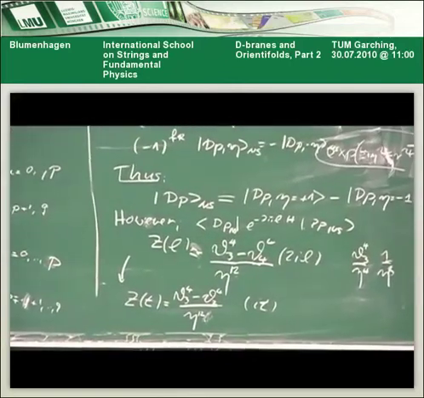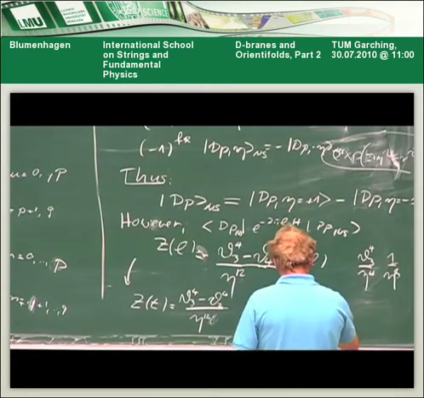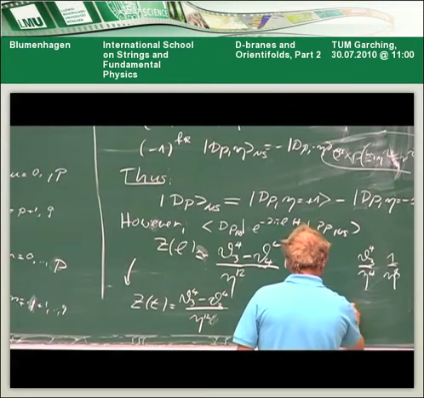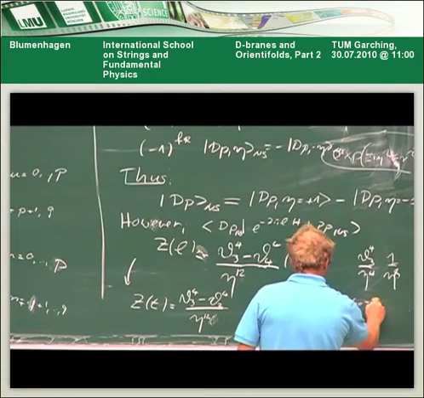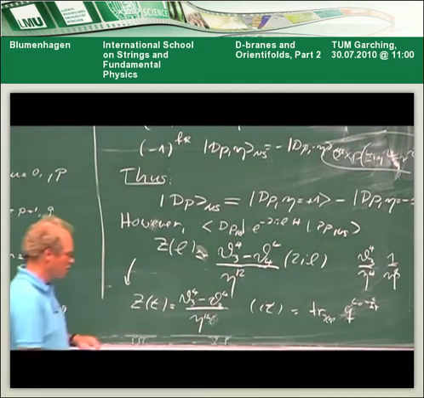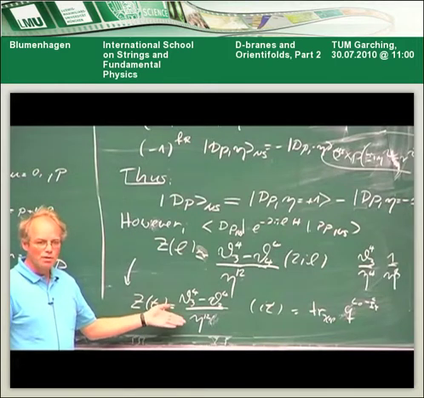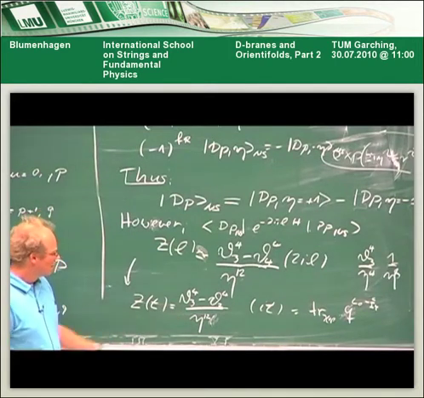in the other channel. But this has to have the interpretation of a trace over the open string excitations. So we can read off from this partition function now what is the spectrum of this open string theory. And what is it?